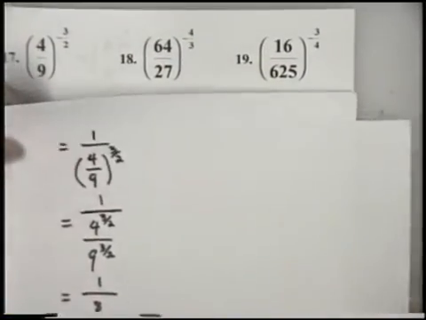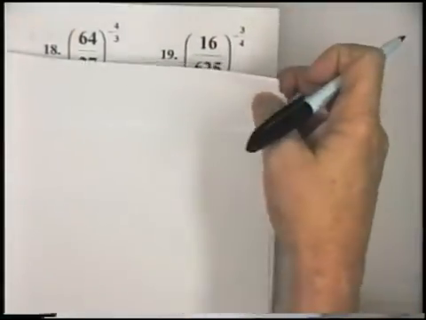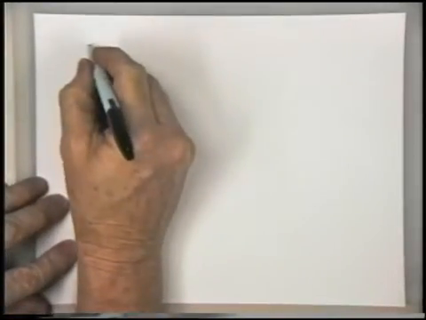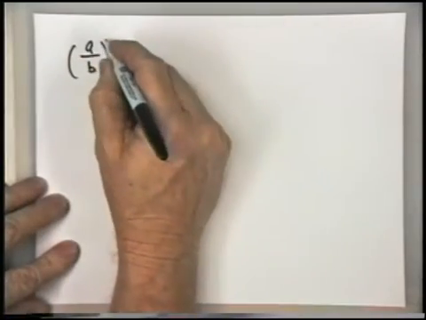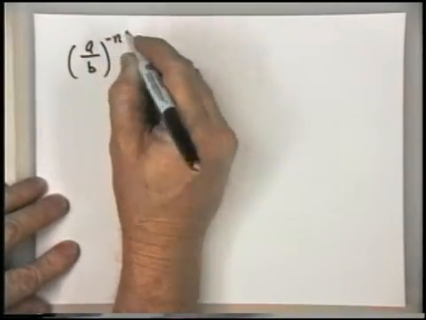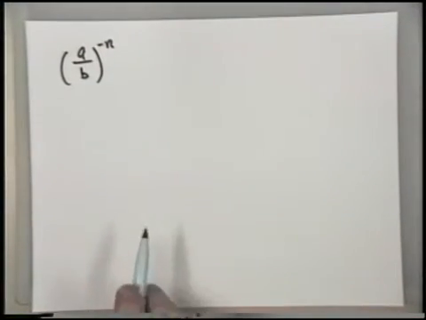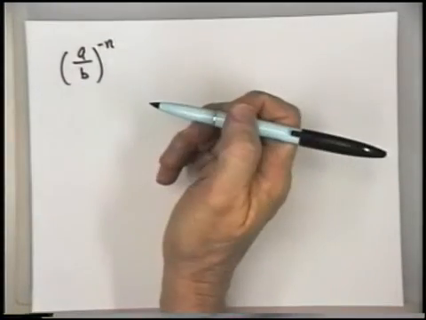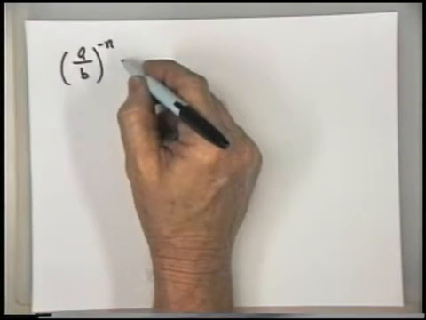Let's just look at on another sheet here a second. A over B raised to the negative nth power. Let's stop from using negative exponents or using fractional exponents for a minute.